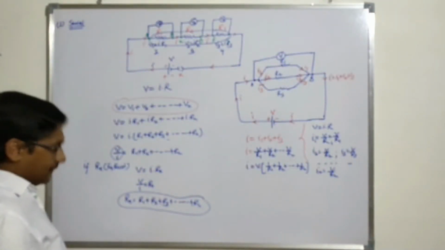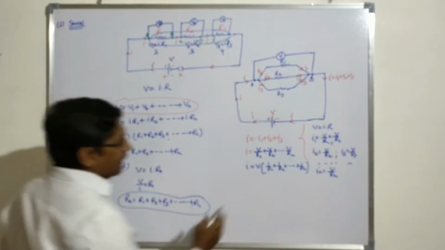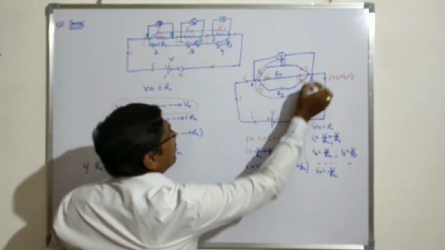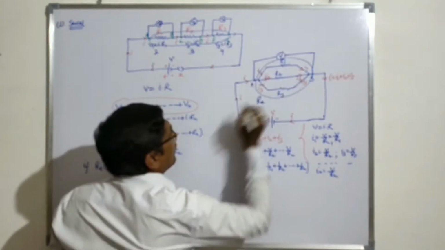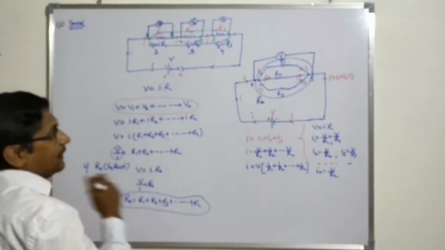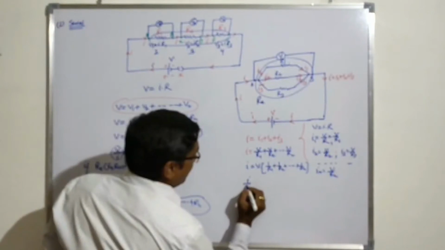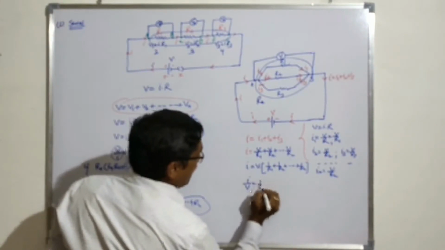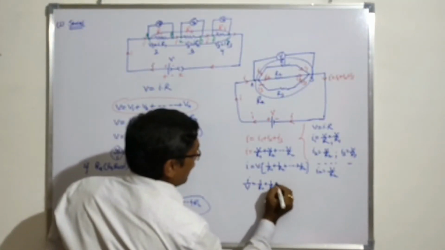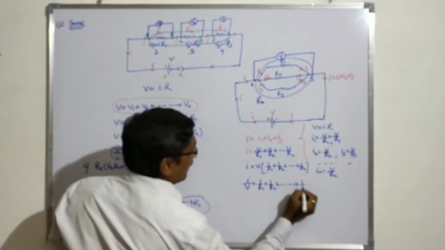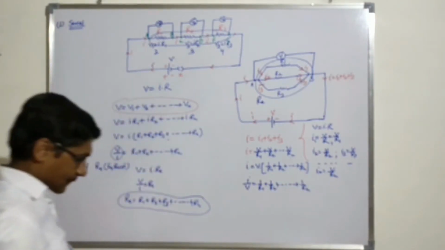Now the equivalent resistance of the whole combination is Re. That's why I upon V equals 1 by R1 plus 1 by R2 up to 1 by Rn.